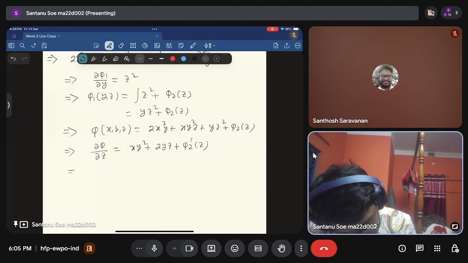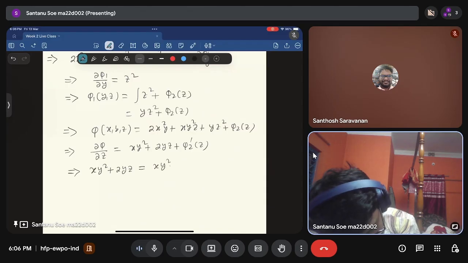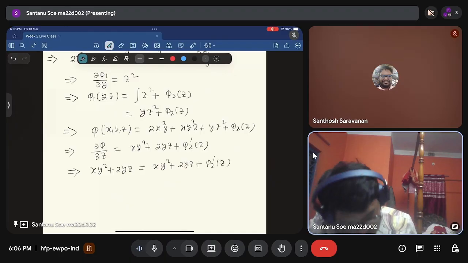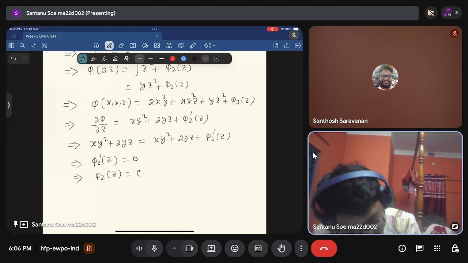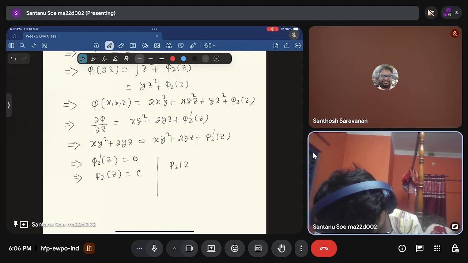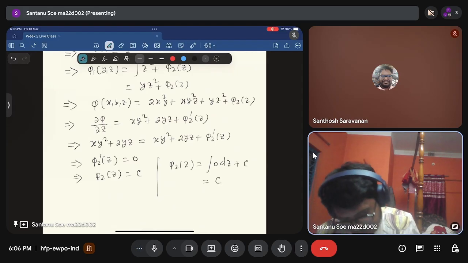So this will imply xy square plus 2yz is the same as xy square plus 2yz plus phi 2 prime of z. Okay. So this is implying phi 2 prime of z equals to 0. Or in other words, phi 2 of z equals to constant. Okay, because phi 2 of z equals to integration of 0 dz plus constant, which is just constant.